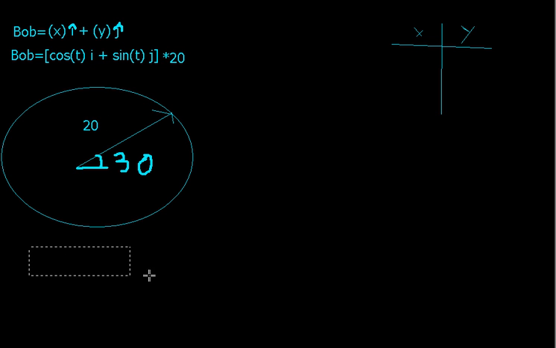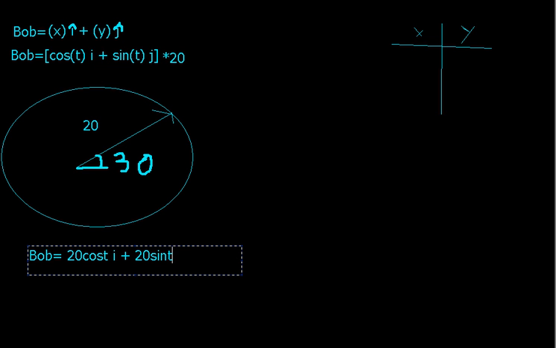Now we have that vector Bob equals, well, let's distribute the 20. We get 20 times cosine of t in the i units, which is like individual units in the x direction, plus 20 times sine of t, j units, right? It could be meters, it could be miles per hour, it can be newtons, it can be pounds, it can be teddy bears, it can be pretty much anything.